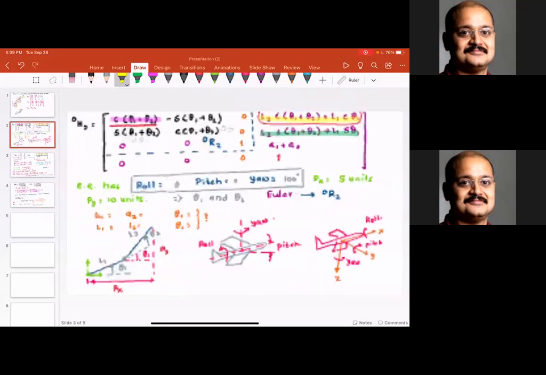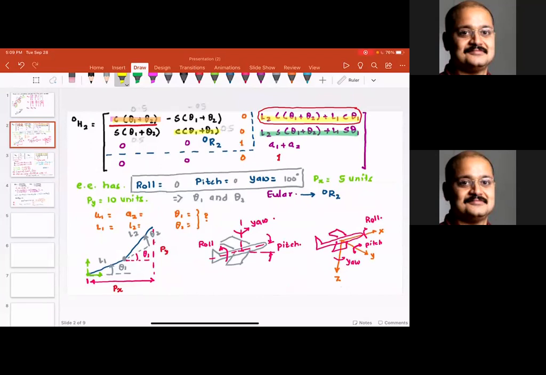Alternatively, you can go back to this equation, or you can go to this equation, and from the value of theta 1, you can find the value of theta 2. But please understand, there are two values of theta 1, and you are going to have two values of theta 2, one corresponding to theta 11 and one corresponding to theta 12.